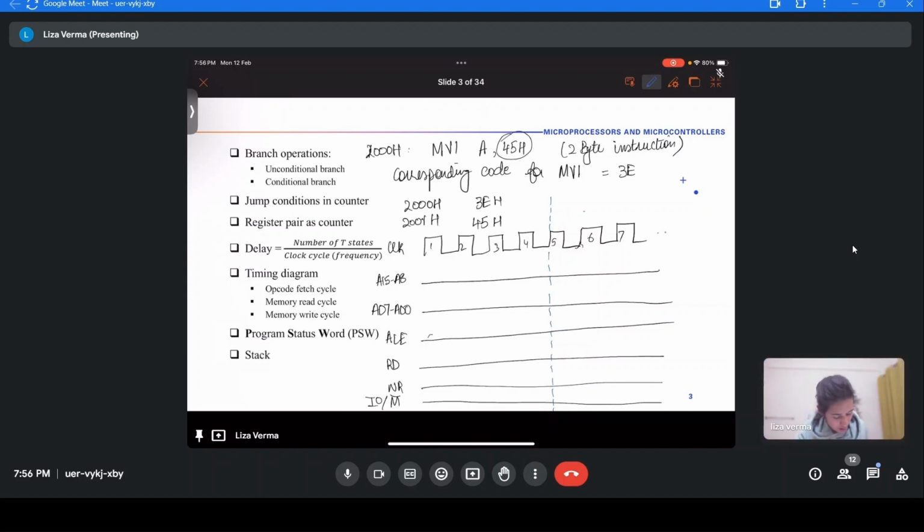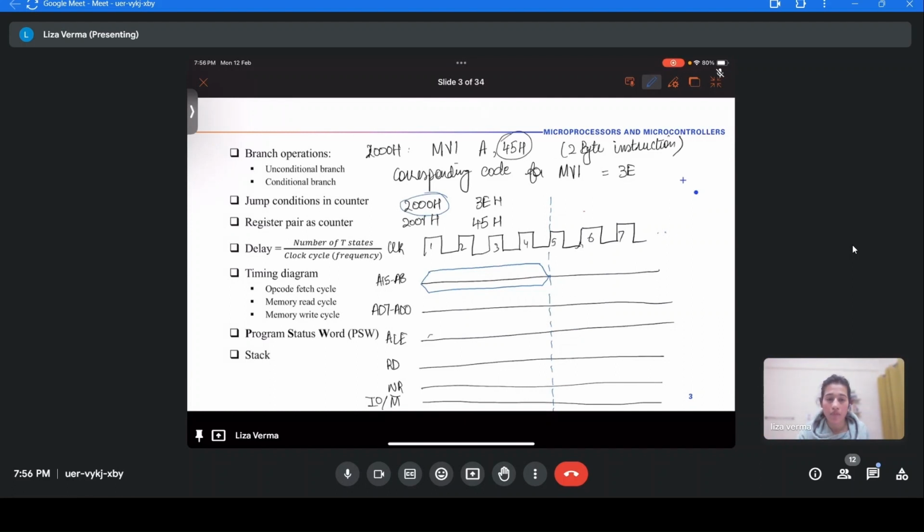Yes, ma'am. So during the first T state, until the instruction cycle is complete, A15 to A8 will contain the higher order address. The instruction cycle is the entire 7 T states, right?